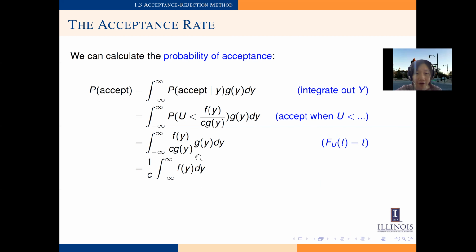So we can cancel these out. And we can also pull out the constant of 1 over c. So this becomes 1 over c times the integral from negative infinity to infinity of f(y) dy. And we know that this should integrate to 1 because f is a PDF and all PDFs should integrate to 1. So this thing is equal to 1 over c. In other words, when we implement the acceptance rejection procedures, the probability of an acceptance is going to be equal to 1 over c.